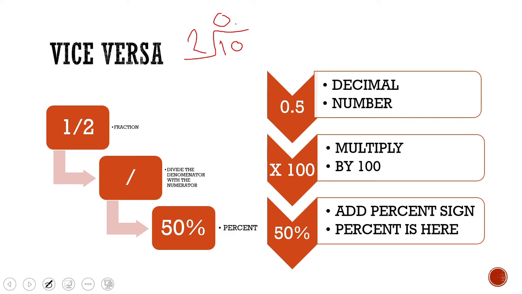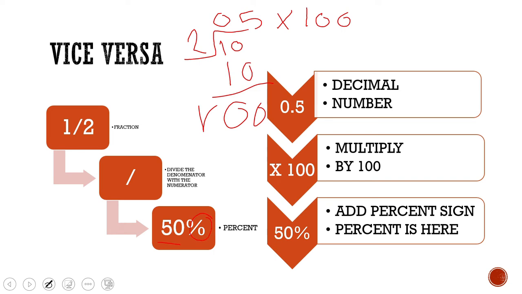Then there is a 5 in 10, since 5 times 2 equals 10. It will make 0 remainder, so there is no remainder. And here is my decimal point. Then I have to multiply by 100, which will make 50. Then add the percent sign. Then I have a percentage that came from a fraction.